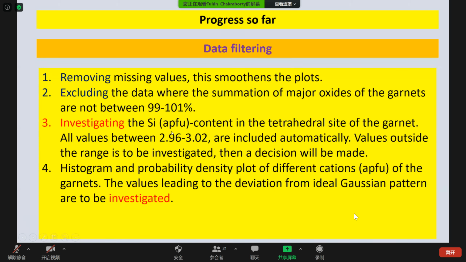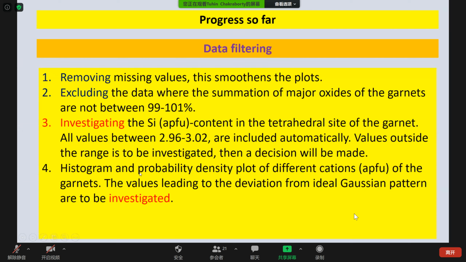All values between 2.96 and 3.02 are included automatically, because that is how much silica there should be. If there are values in the outer range, they should be investigated. If there is really something prompting a decrease or increase in silica values, it will be investigated and included. Otherwise they will be excluded.